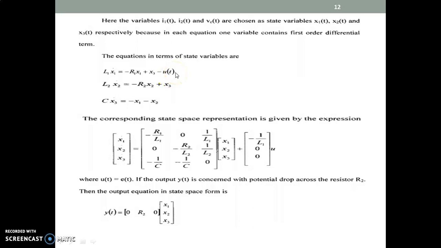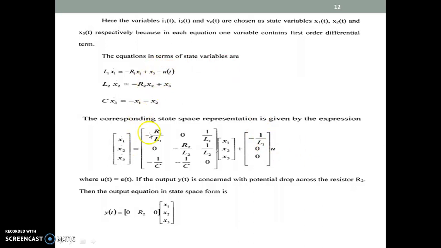That is the first expression. Same thing, you see here how you are representing in vector matrix form. X1 dot is equal to minus R1 by L1 into X1 plus 0 into X2 plus 1 by L1 into X3 plus minus 1 by L1 into U. That is the first expression.